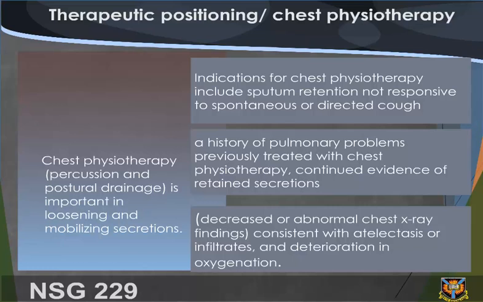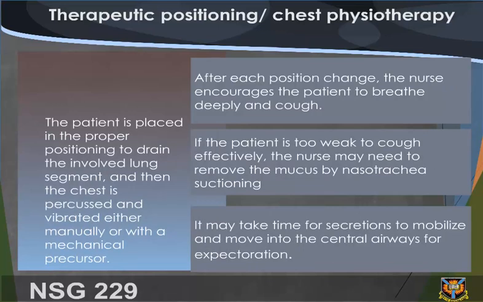Indications for chest physiotherapy include sputum retention not responsive to spontaneous or directed cough, a history of pulmonary problems previously treated with chest physiotherapy, continued evidence of retained secretions, decreased or abnormal chest X-ray findings consistent with atelectasis or infiltrate, and deterioration in oxygenation.